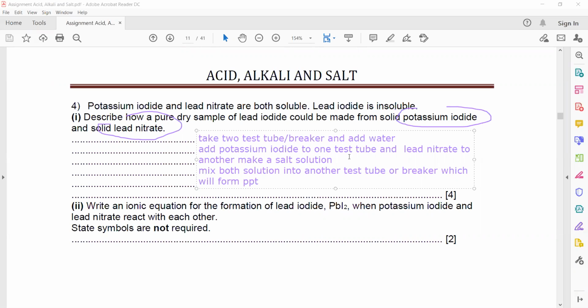Whenever two solutions are mixed together and a solid is formed, that's called precipitate or PPT of lead iodide. And then what we will do, we will filter and dry the lead iodide by filter paper.